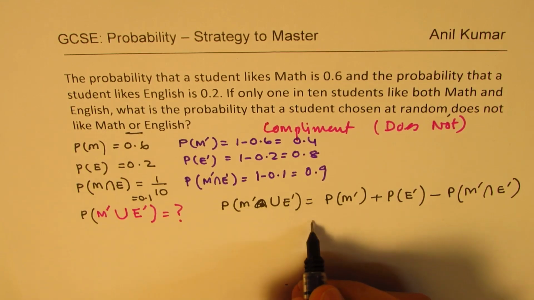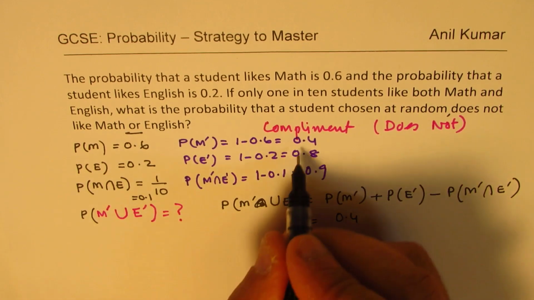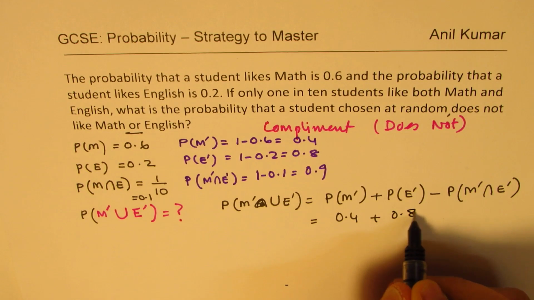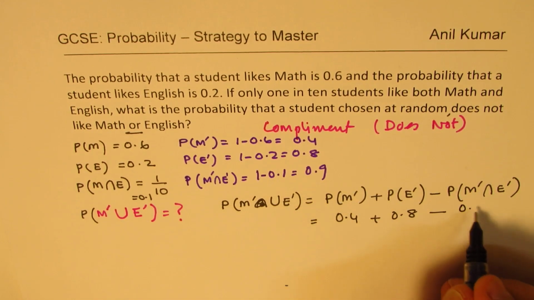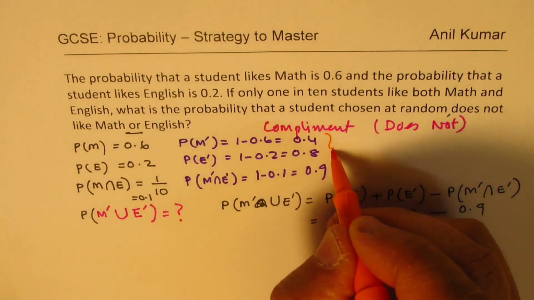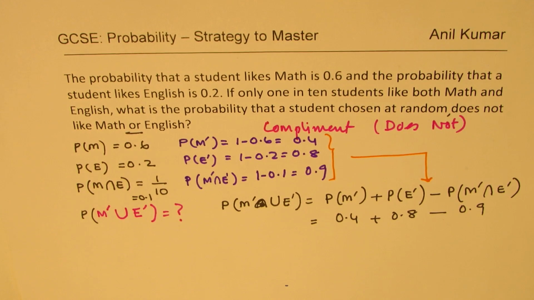So that means what we get here is 0.4, 1 minus this, right? Plus this 0.8 minus 0.9. Do you see that? So we had already figured out these numbers. We can use these numbers here to get our answer. Does it make sense to you, right?